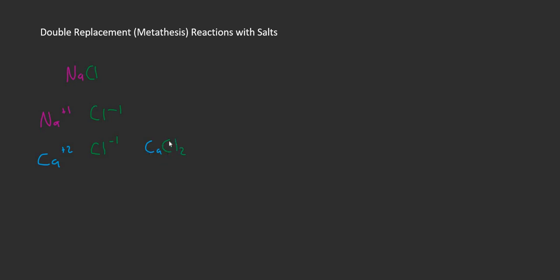And then we have 2 chlorides because that equals a total of -2. It's -1 each, and for the calcium we have a +2 charge as an ion. So these two charges cancel each other out, and we're left with a neutral salt.